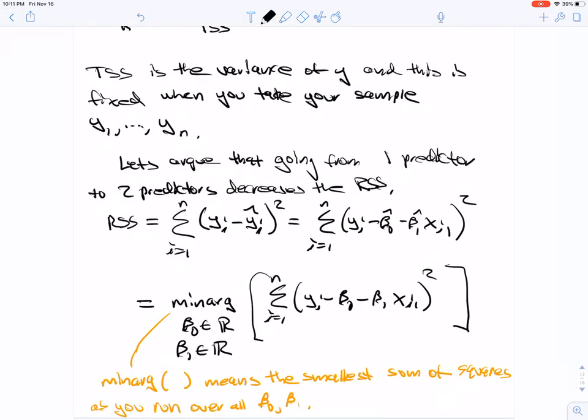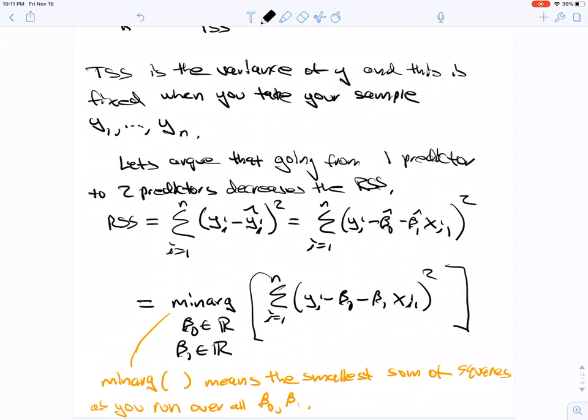We choose our beta hat so that it minimizes the Euclidean norm of the residuals. RSS is the min over beta 0 and beta 1 of that norm.